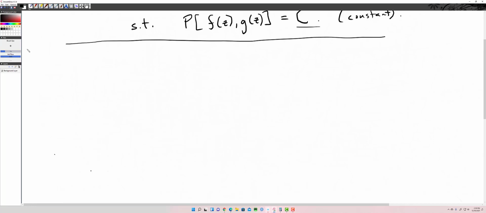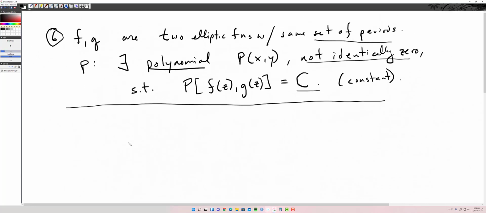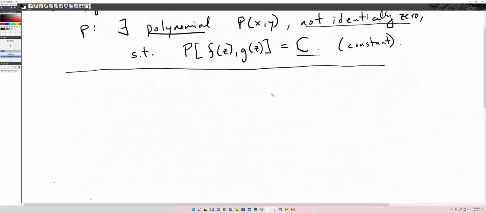There was a stupid approach I came up with that basically just paired up the zeros. As you can kind of imagine, the reason they mention same set of periods is so that we can understand that P of z, that we're building these two functions out of, we're not going to have any issues with those periods from problem 5, right?